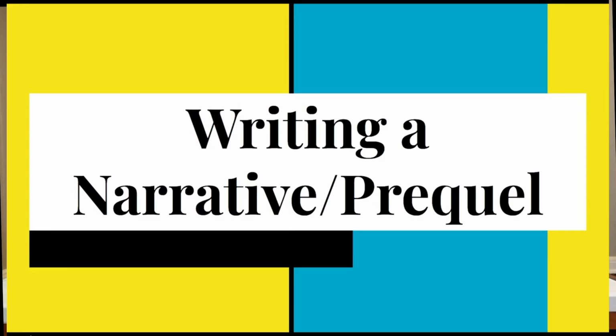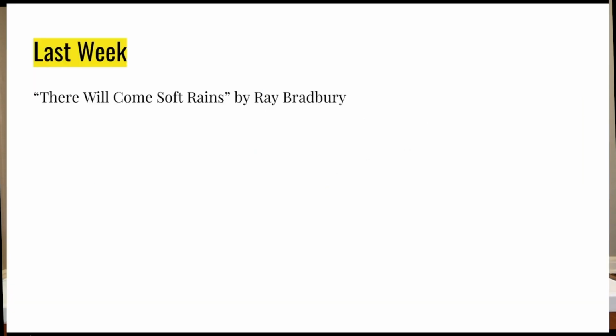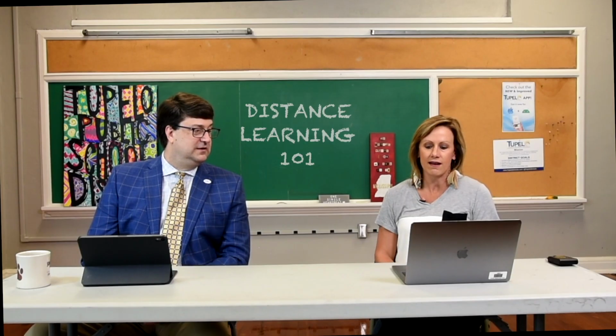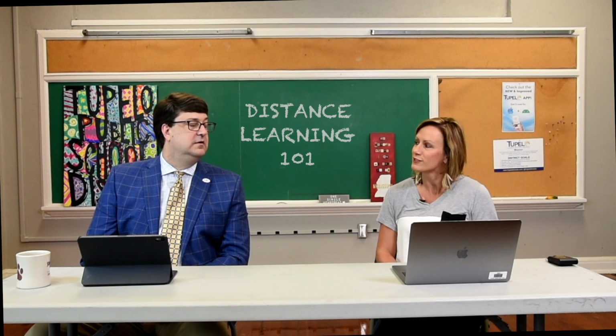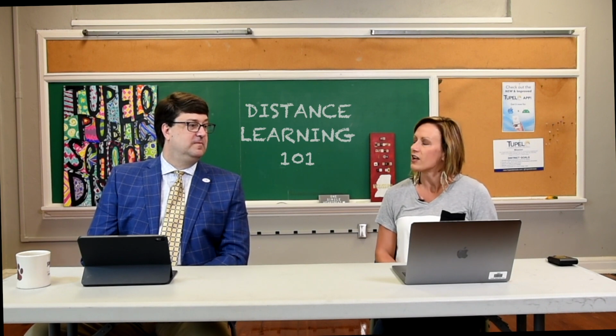Last week students read There Will Come Soft Rains by Ray Bradbury, which is an apocalyptic dystopian story, pretty interesting and engaging for the kids. This week the students are reading The Uncomfortable Bed and Lamb to the Slaughter, which focus a lot on irony.